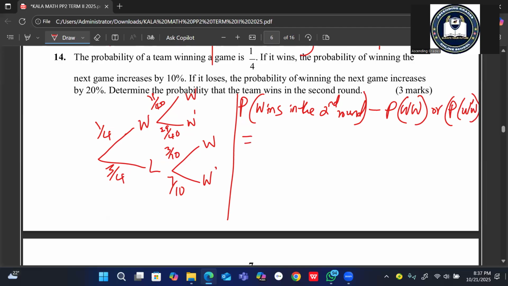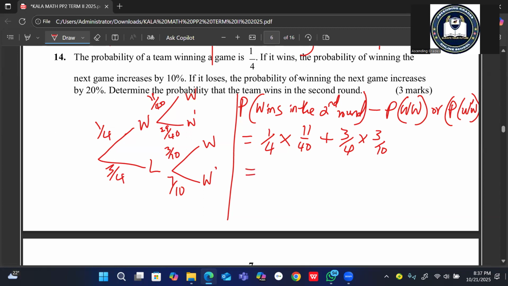So that is it. So this one is the same as probability of winning in the first round, a quarter, multiplied by a quarter times 11 out of 40, then plus probability of winning the first round and also winning the second round is 3 over 4 multiply by 3 over 10.